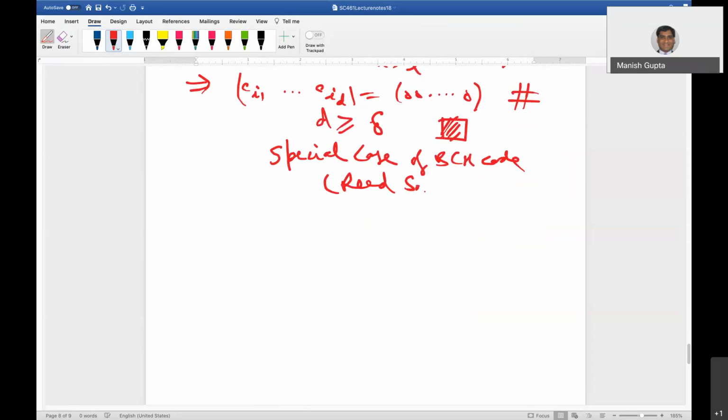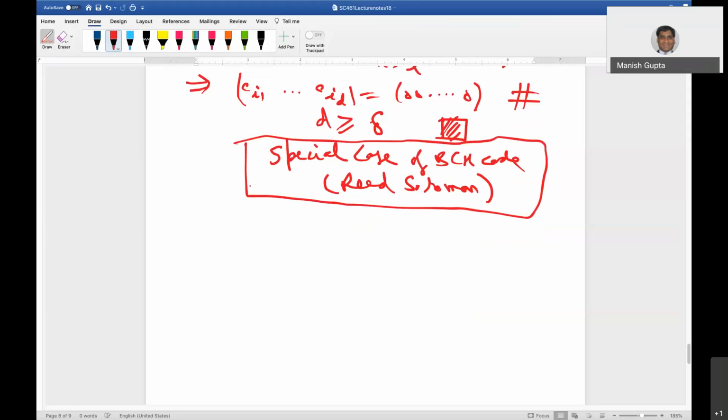Of course, the code was not discovered like this, but now we describe it like this. Suppose m is equal to 1. This implies that the BCH code has length n equal to q minus 1.